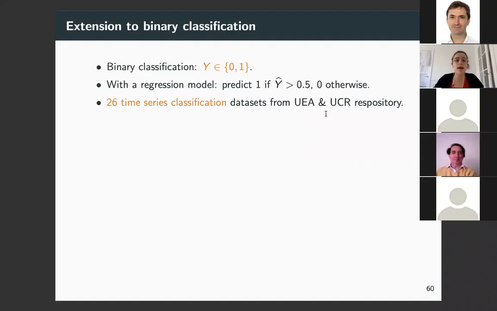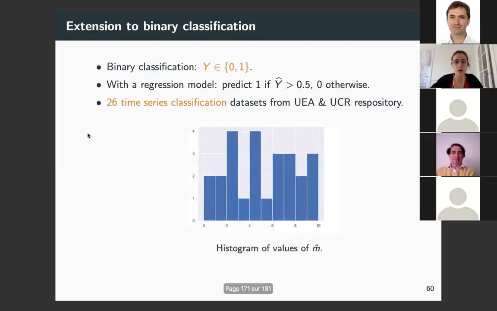And so we applied it on really classic data sets to see how it works. We wanted to see the typical values of m hat that you find in practice. So we used 26 data sets which have very different characteristics. And you can find that basically m hat is between 0 and 10. It's never above 10 because the dimension explodes.